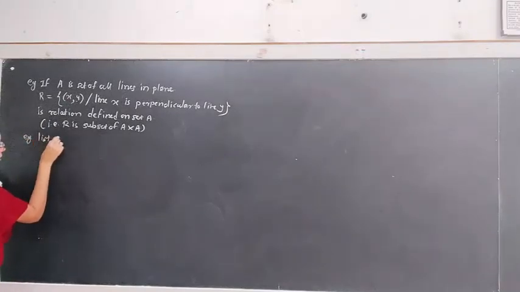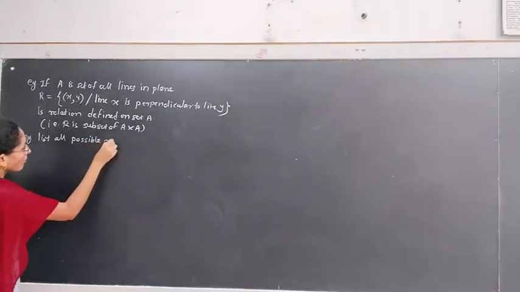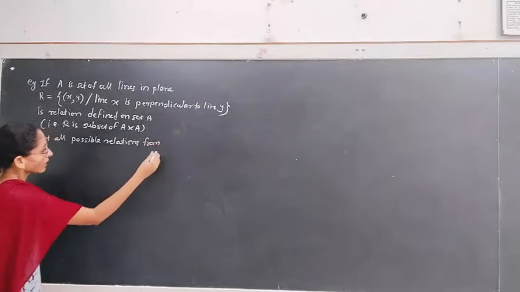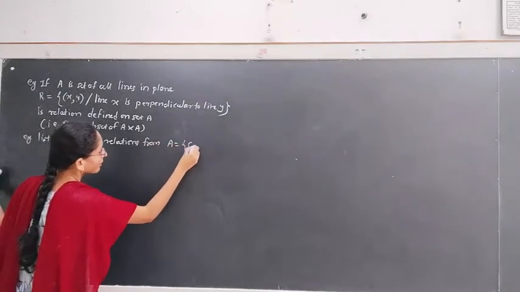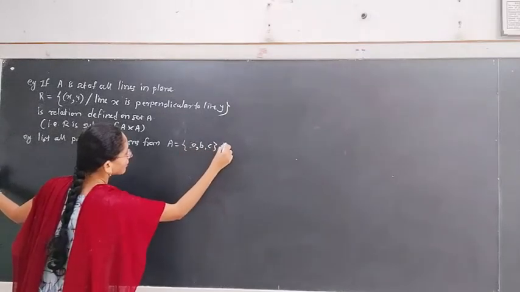List all possible relations from A equal to {a, b, c} to {1}.